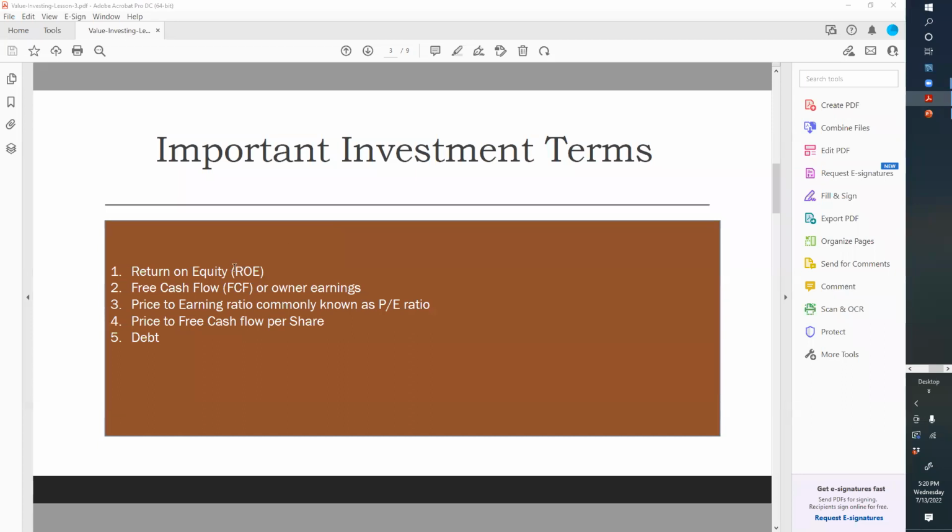I have explained free cash flow and owner earning in the second lesson. What I'm going to explain today is return on equity. So return on equity, can anyone tell me what is equity? In the second lesson, we learned about the shareholder equity.